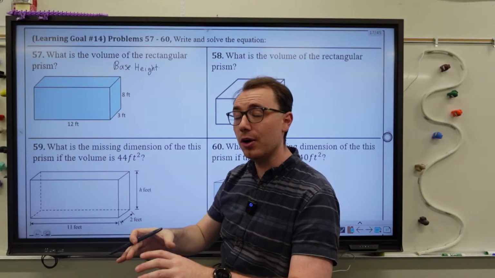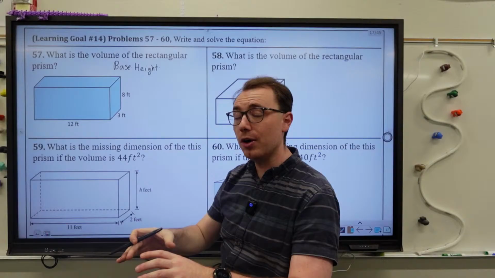We now list the units. We're dealing with feet, but since we multiplied feet times feet times feet, it's 288 feet to the third power. This is how we find volume. We just multiply those 3 dimensions to each other.